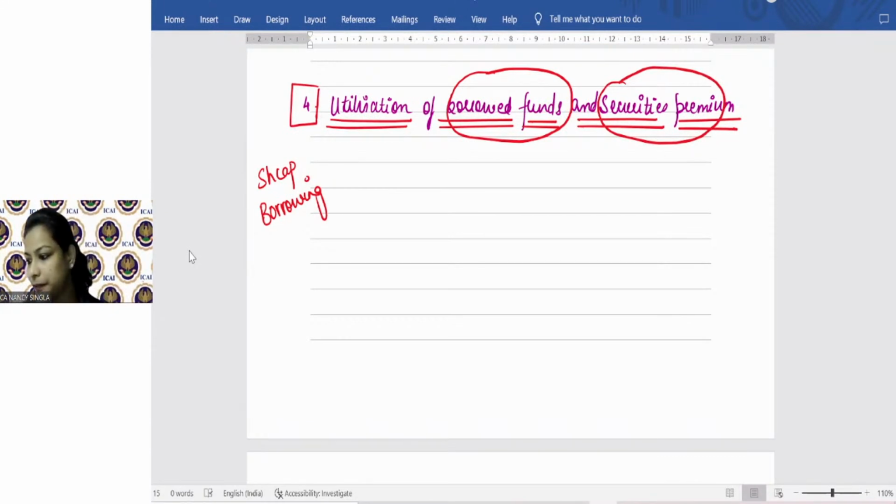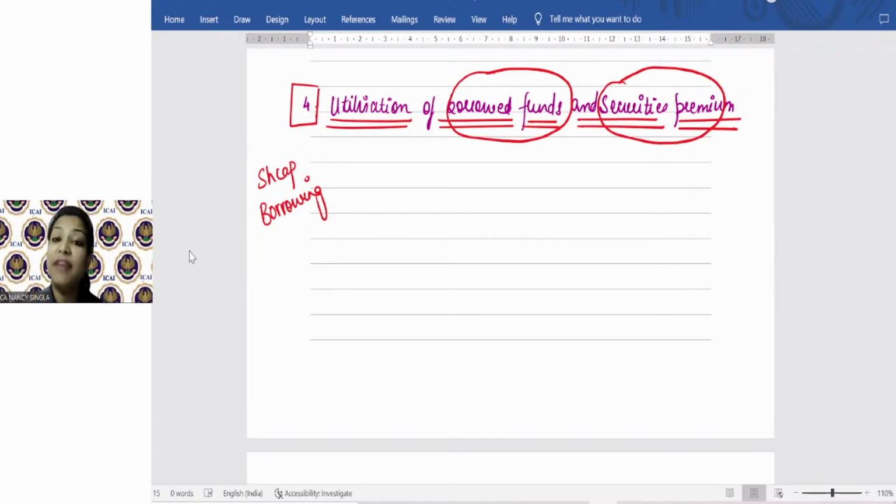Do you understand? Yes, Neha, I'm trying to make this topic very interesting and very easy for you. Okay? So Sneha is saying, ma'am, thank you for explaining these topics in such an easy manner. Thank you, Sneha, for your motivating message. But I really want this topic to get imbibed in you. Why?